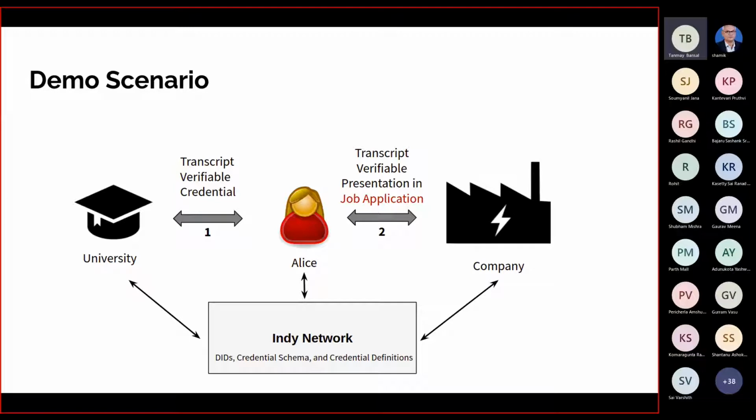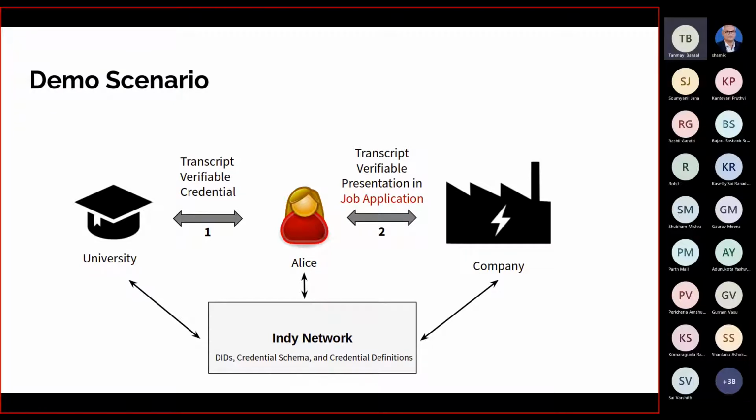After Alice graduated, she will need a transcript from the university which she can show to the company to prove that she has covered these courses and obtained these grades, and the company can validate that and then accept her application or reject it.